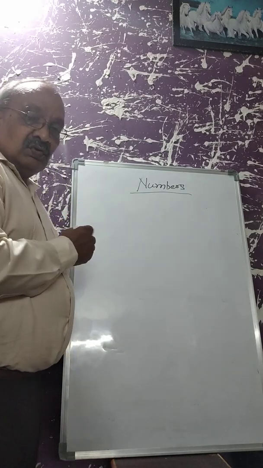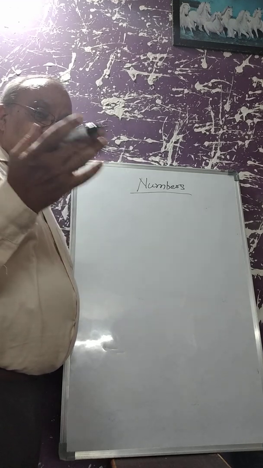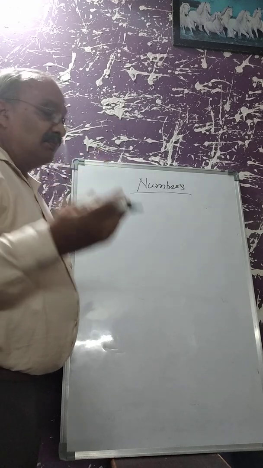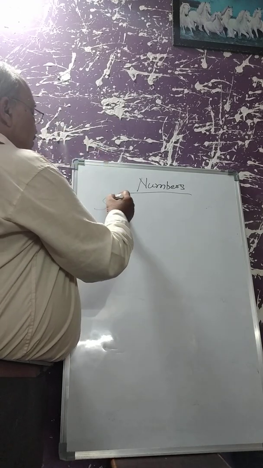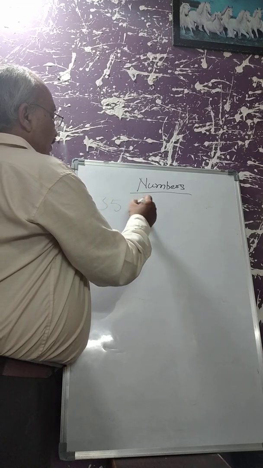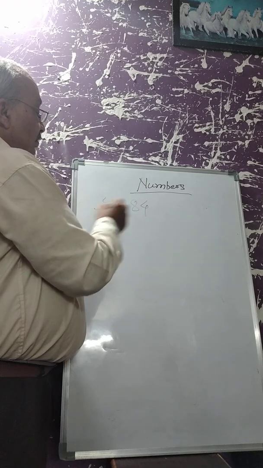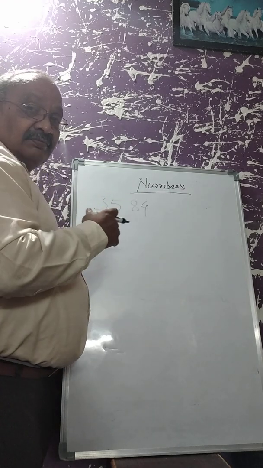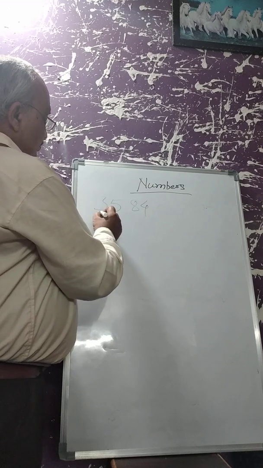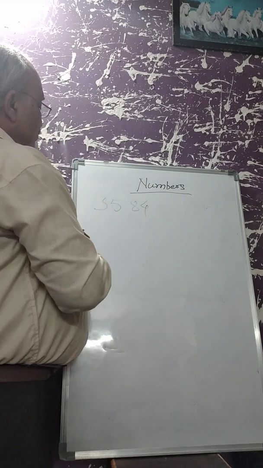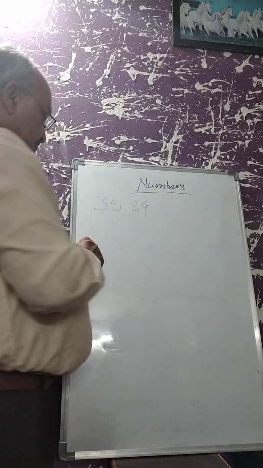Now let us know about the expansion. How will you be able to expand the number? Suppose the number is 3584. How will you make it in expanded form? It can be elaborated with a figure.